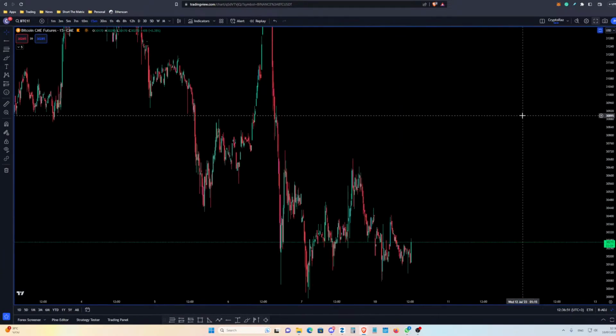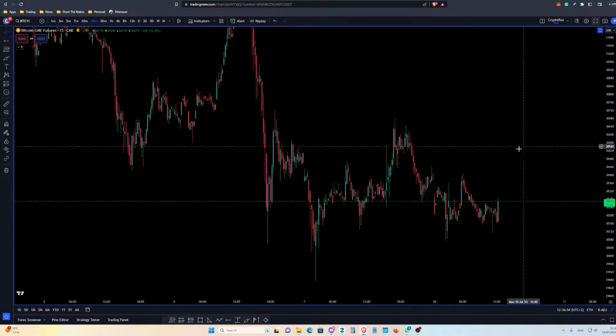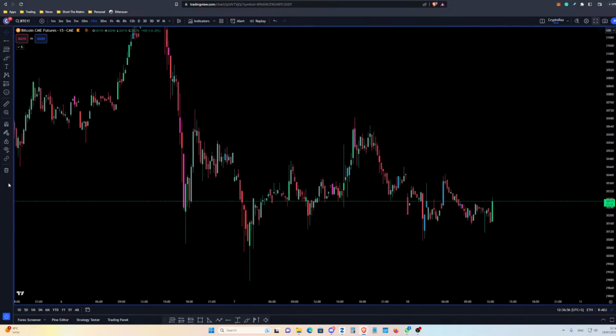Now, what I want to look for is gaps in price. As you can see, these are gaps in prices where one candle finishes somewhere and the other candle doesn't necessarily go with it. Why is it important? Because this is an imbalance in the charts.